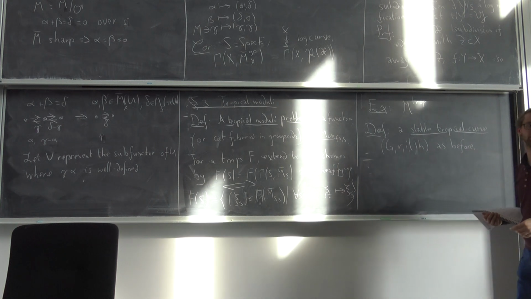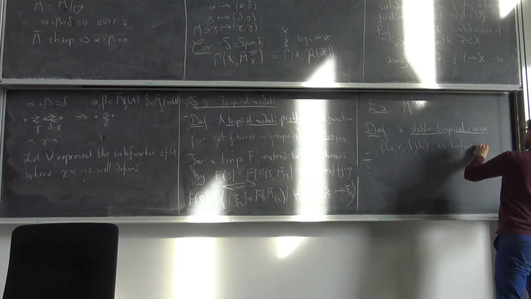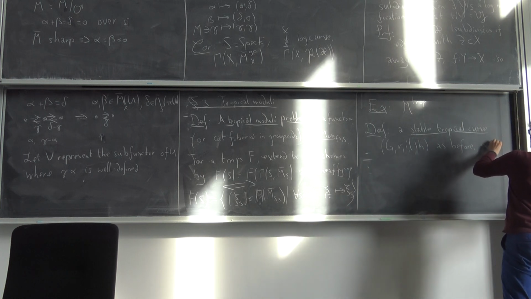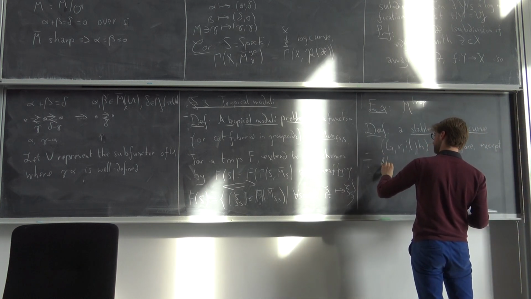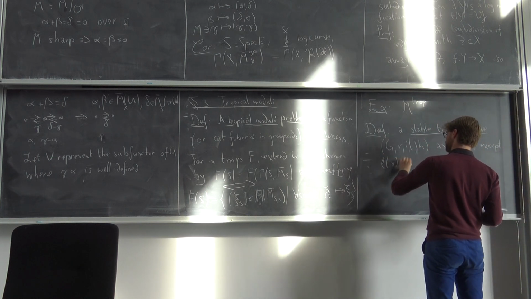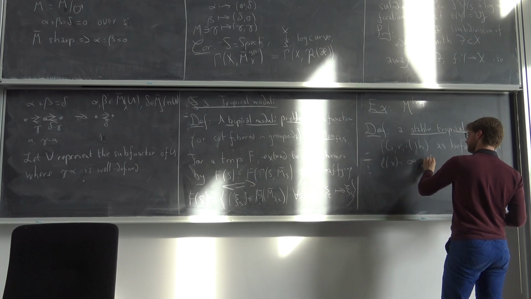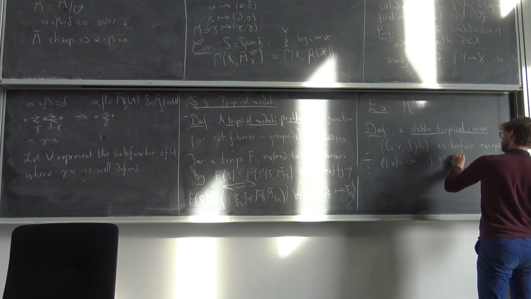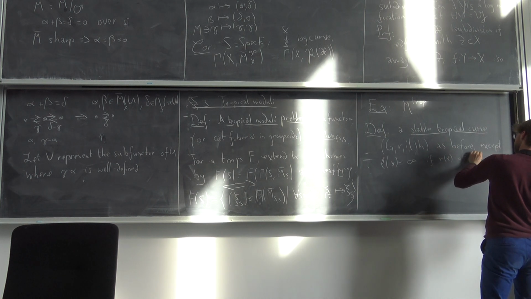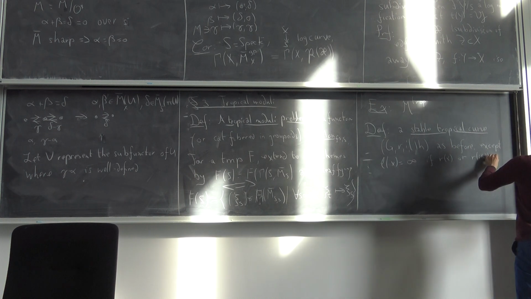As before, except that L of x is infinite if R_x or R_ix doesn't exist.